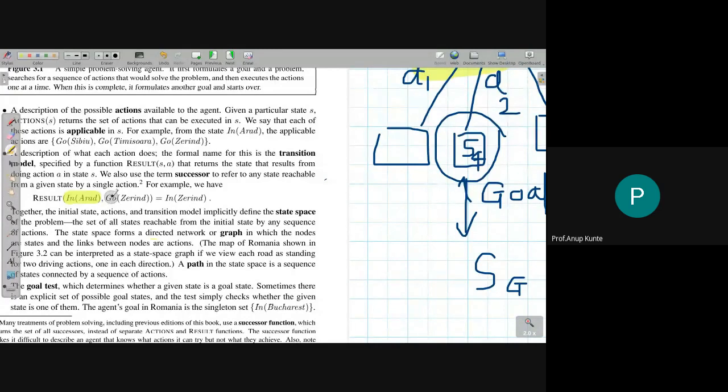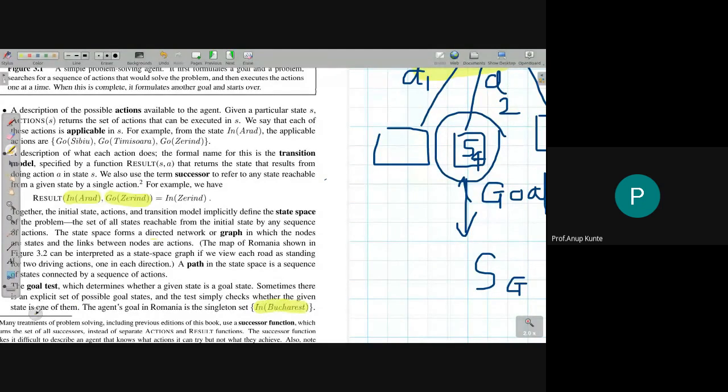Going to Zerind is nothing but the action that is possible. Why is this going to Zerind action possible? Because there is a road to go from Arad to Zerind. So these are two city names that were not present yesterday. We are actually talking about navigating a map in which we start from one city and want to reach a specific city. In this case, the city that we want to reach is Bucharest.